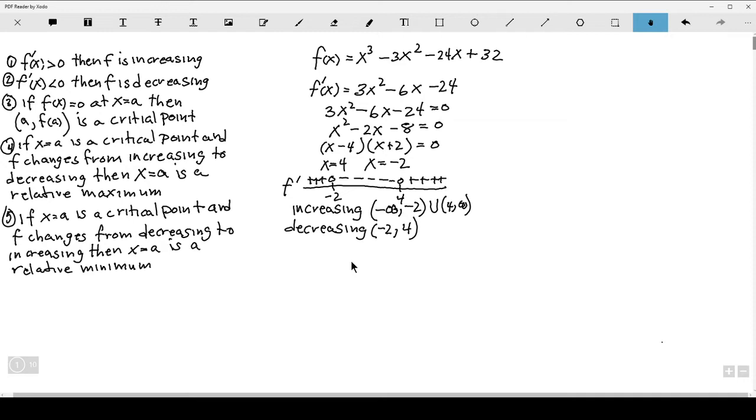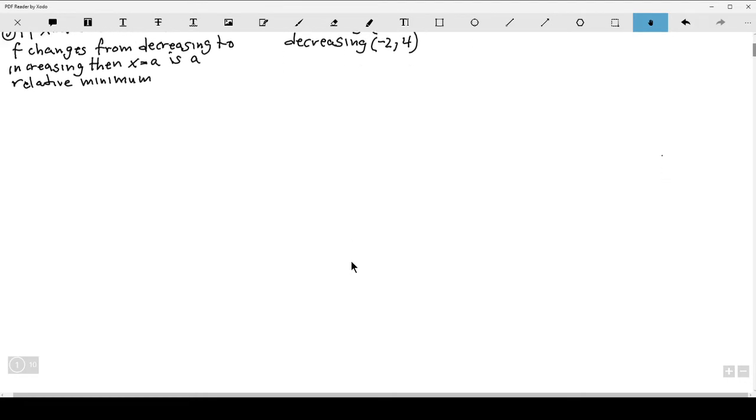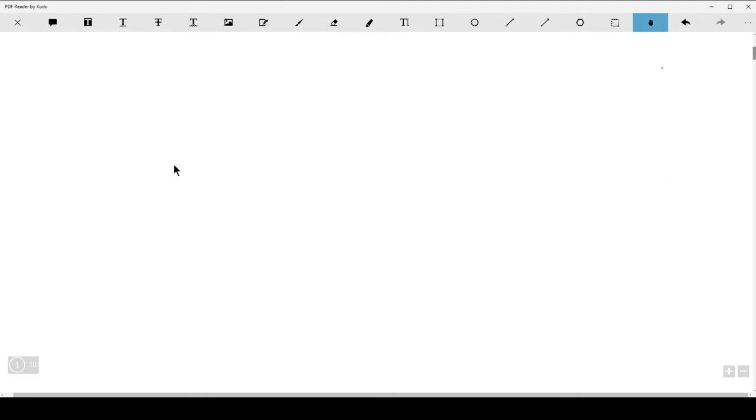We determined that the first derivative was positive, so the function was increasing from negative infinity to negative 2, and from 4 to positive infinity, and it was decreasing from negative 2 to negative 4.